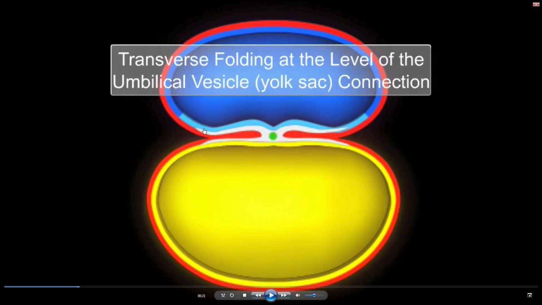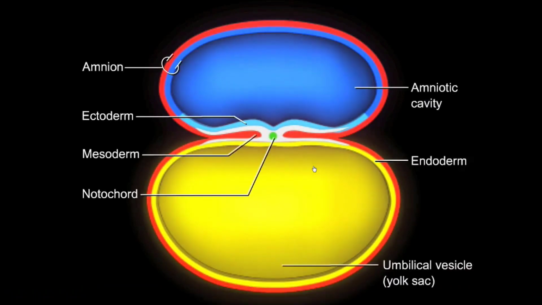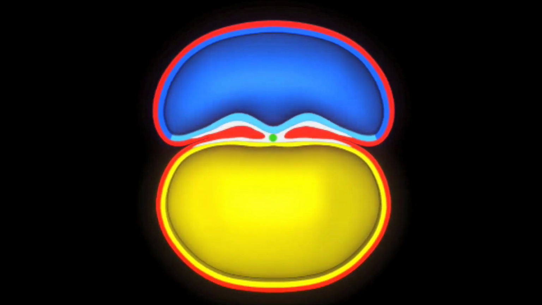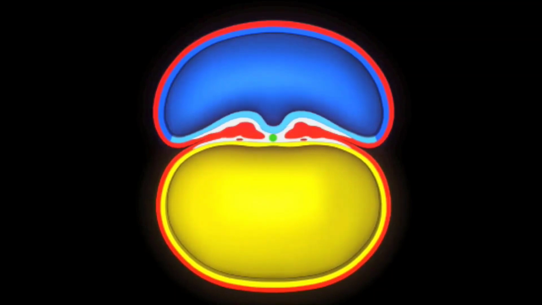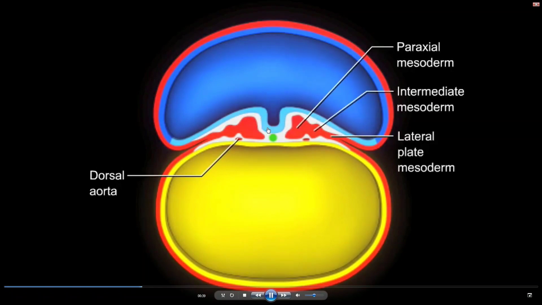We can see the 3 layers: the ectoderm, the mesoderm that is red, and the endoderm, which is yellow right here. Now let's have a look at the folding in the transverse plane. Nice notochord and so on.